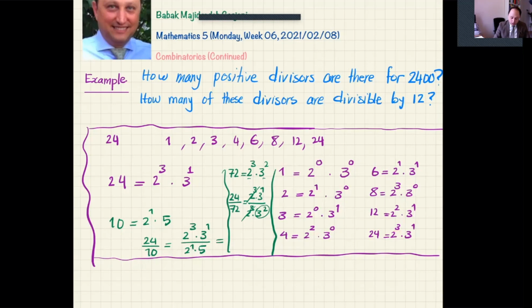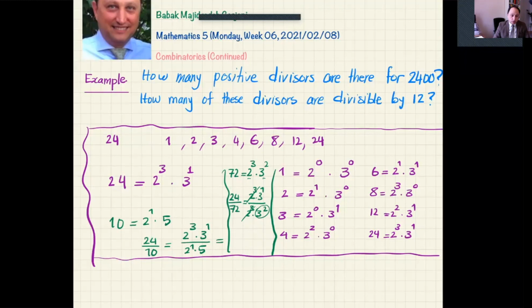And the second stage is choosing an appropriate exponent for 3, which can be 0 or 1. So if I ask you how many divisors of 24 there are, you would say that for choosing an exponent for 2, I have 4 options available: 0, 1, 2, and 3. And for 3, I have 2 options available, either 0 or 1.